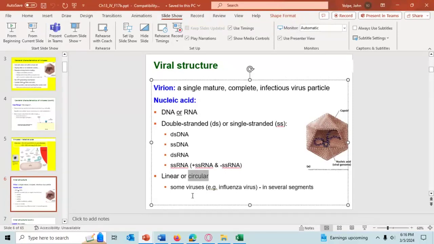But some people do use the term viral chromosome, which is correct, I guess, if the virus genome is DNA. But if the virus genome is RNA, that's not a correct term to use. And it's not really a chromosome because there may not be proteins associated with the DNA of the virus genome. Any question about any of that?